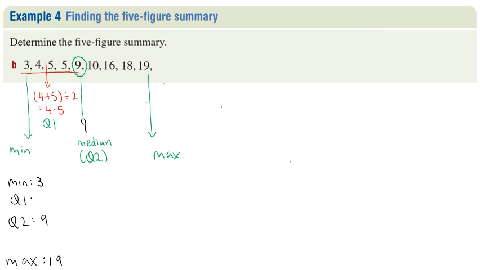So Q1, 4.5. And then Q3 is the median of the upper numbers. So between these ones here, 16 plus 18 divided by 2 equals 17. So my Q3 is 17. And there's the 5-figure summary done.